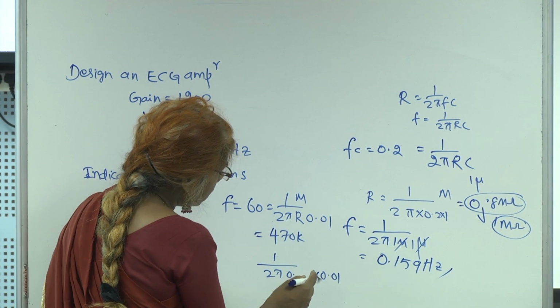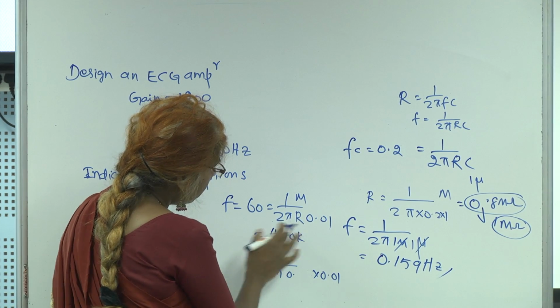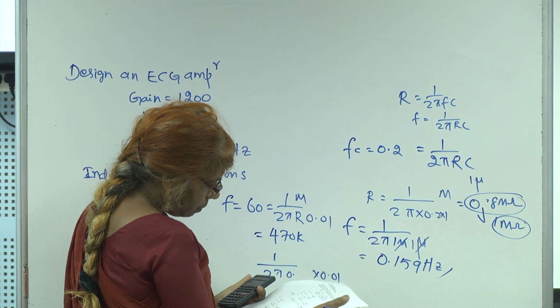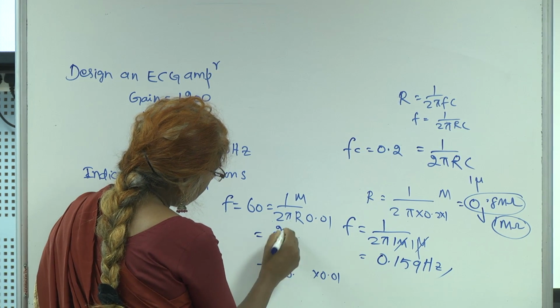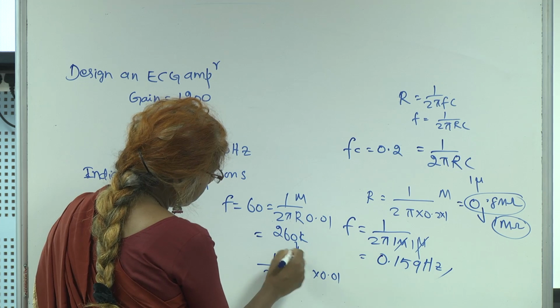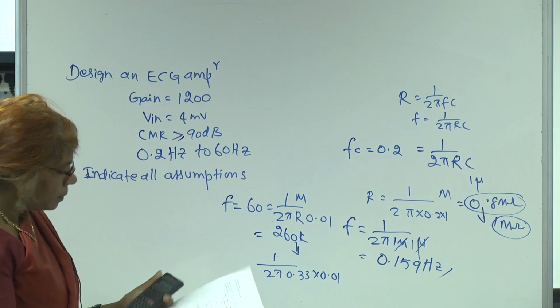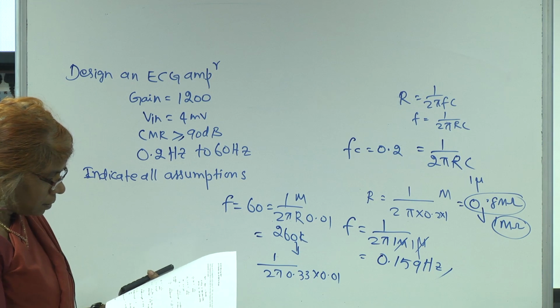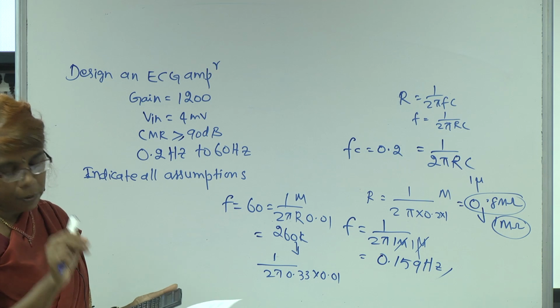Actually 220 is smaller, no? We need 0.26, 260K. 260K is the value, so the closest is 330K. So then you get how much? Or you can use a pot and adjust it.